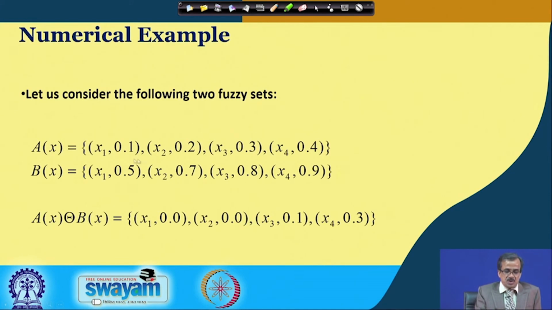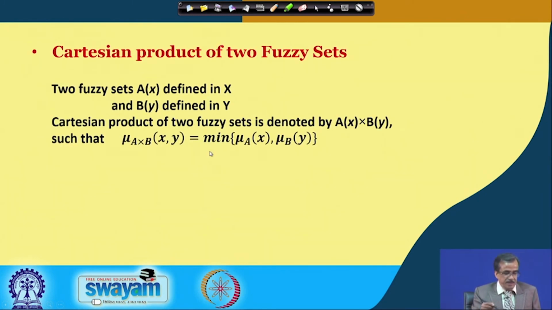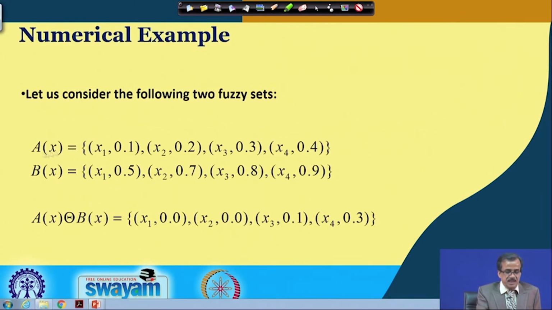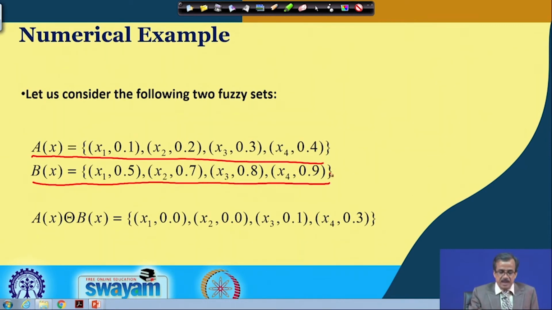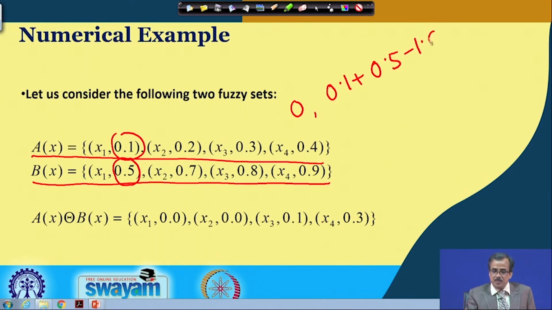Now, if we just solve the numerical example, say I have got two fuzzy sets here. One is nothing but your A(x), another is your B(x), and we will have to find out the maximum between 0 and this particular mu A plus mu B minus 1, that is 0.1 plus 0.5 minus 1.0.